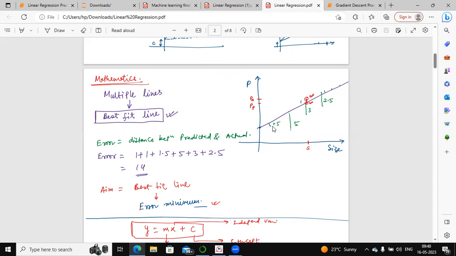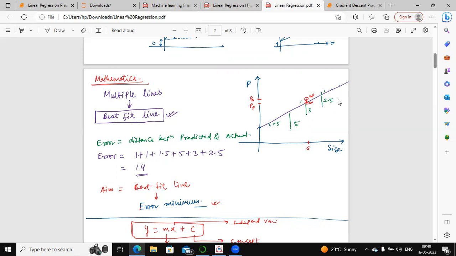So error comes out to be y actual minus y predicted. Okay, here y actual minus y predicted comes out to be 1.5, here it comes out to be 5, here it comes out to be 3, and here it comes out to be 2.5. So in the negative region, y actual minus y predicted comes out to be 2.5.